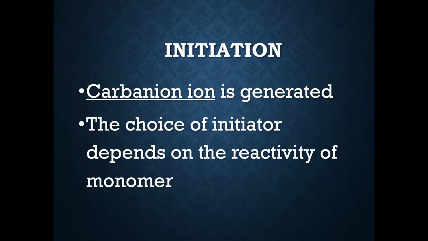Here, the choice of the initiator depends on the reactivity of the monomer. So the choice of the initiator is critical. Each monomer with a certain reactivity will require a certain initiator. So here the choice of the initiator is very critical.